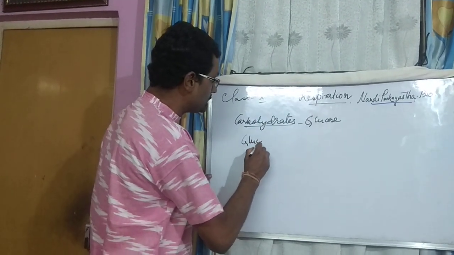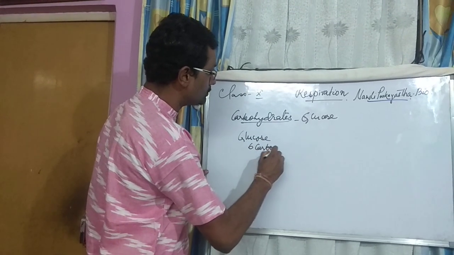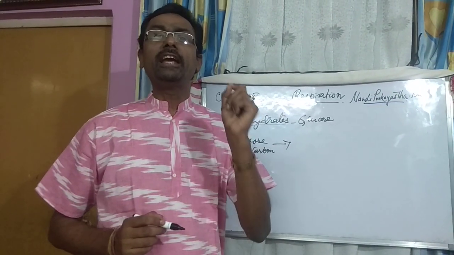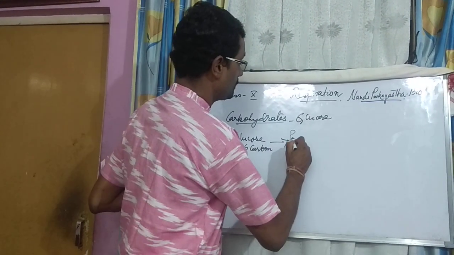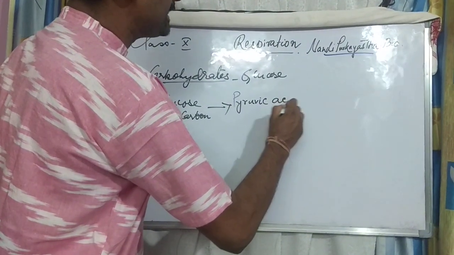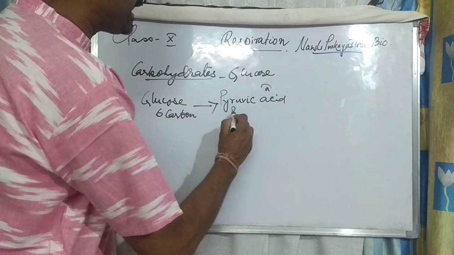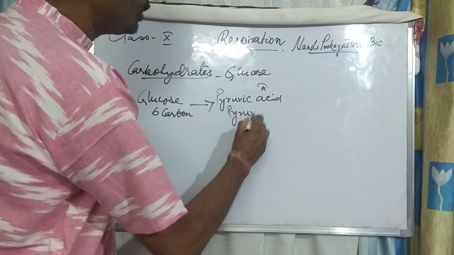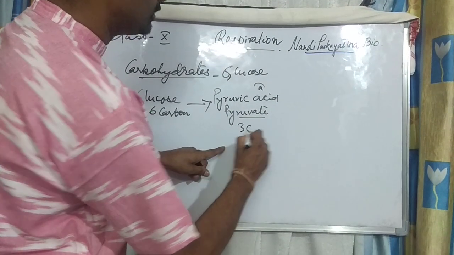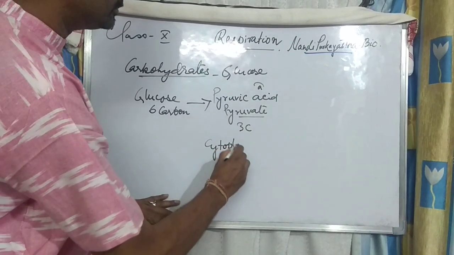Glucose is 6 carbon and it breaks down to form pyruvic acid. Pyruvic acid can also be written as pyruvate. All are the same. And this is 3 carbon. When does it take place? It takes place in the cytoplasm.